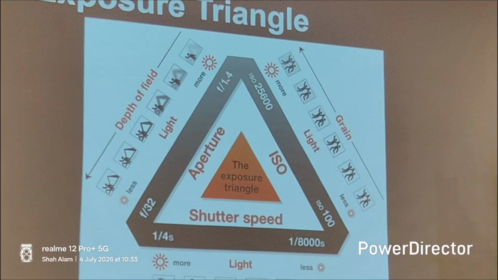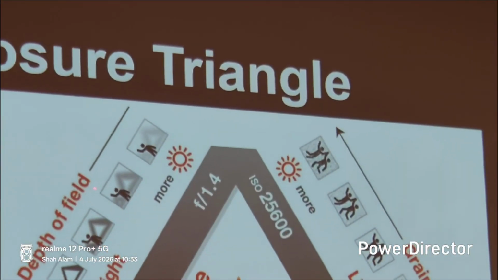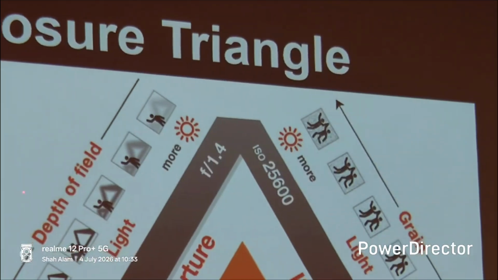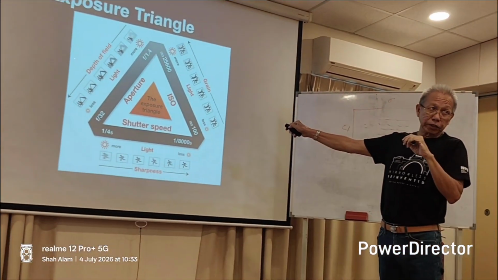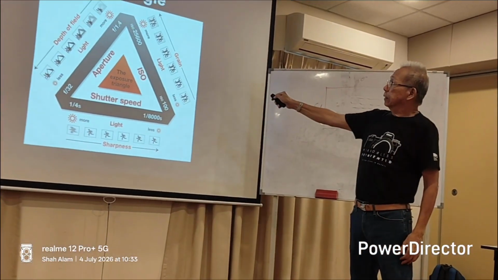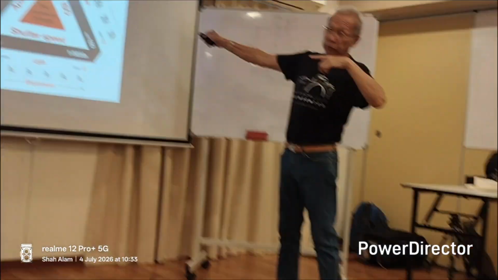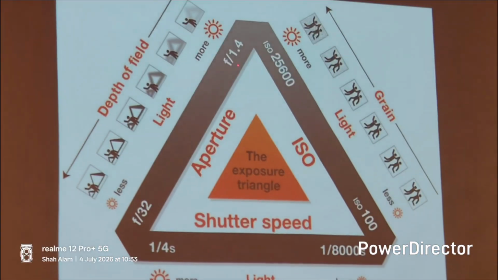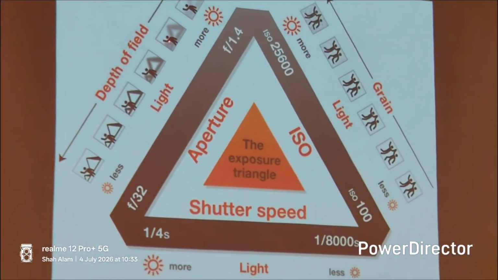When the number is f1.4, it's bigger. F is f-stop. We call it f-stop. I will have a slide to explain why when the number is small, the opening is bigger. It's reversed. So when we call it a big aperture, the number is small, but the opening is big.